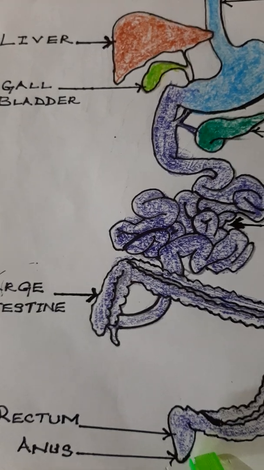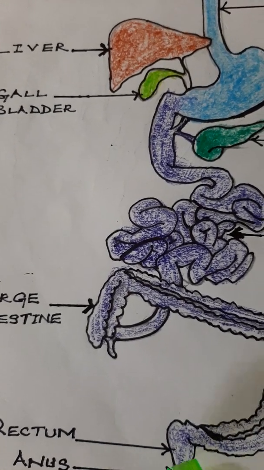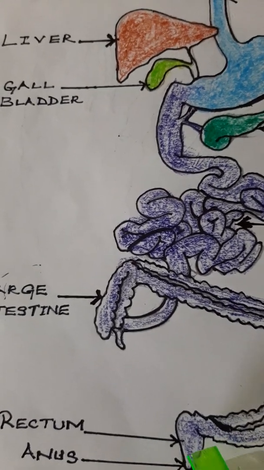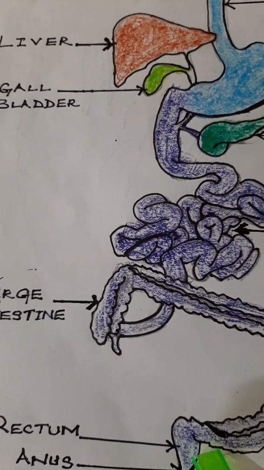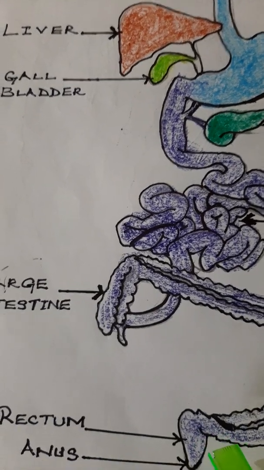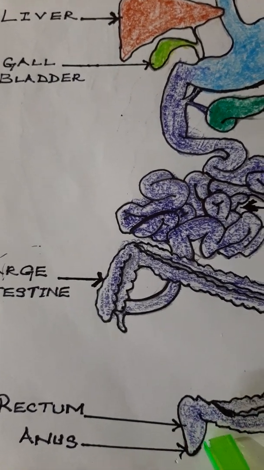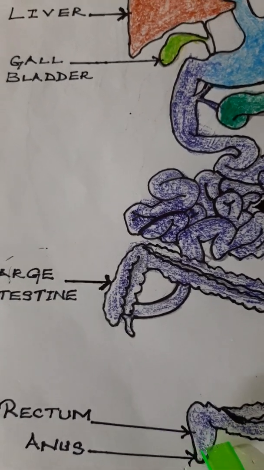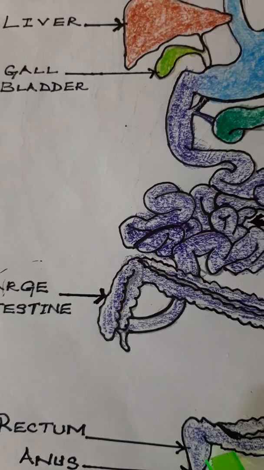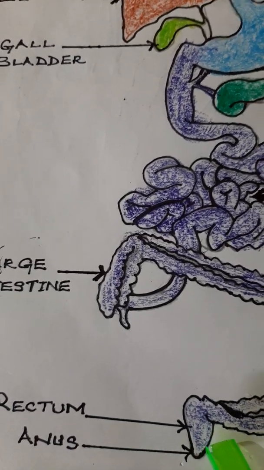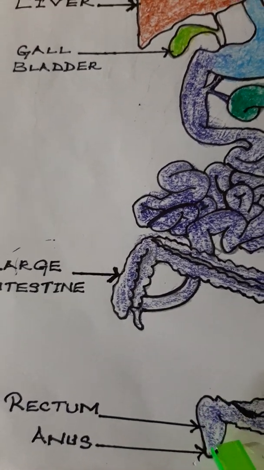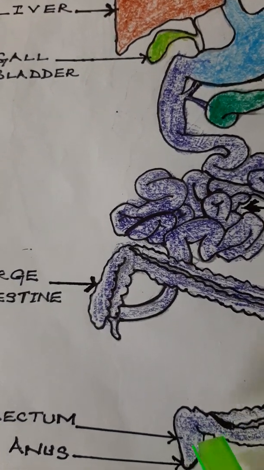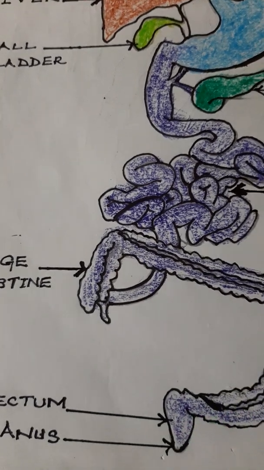This last opening is called the anus. The anus again has circular muscles called sphincter muscles. When these muscles relax, the anus opens and there is elimination, or throwing out, of the feces.